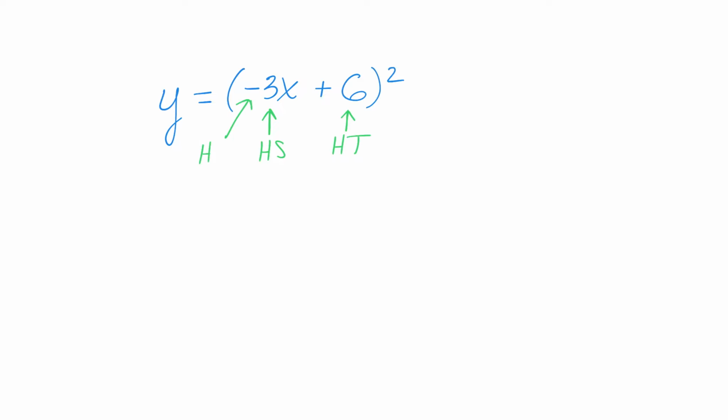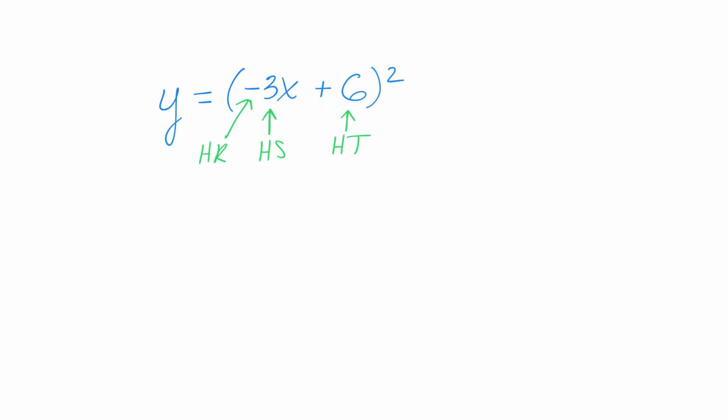Okay, and the other place that this can really become problematic is if we have a negative. So let's say we have negative 3x plus 6 squared. If you look inside these brackets, we've got, again, a horizontal stretch or compression, a horizontal translation, but we also have a negative, so we have a horizontal reflection as well.